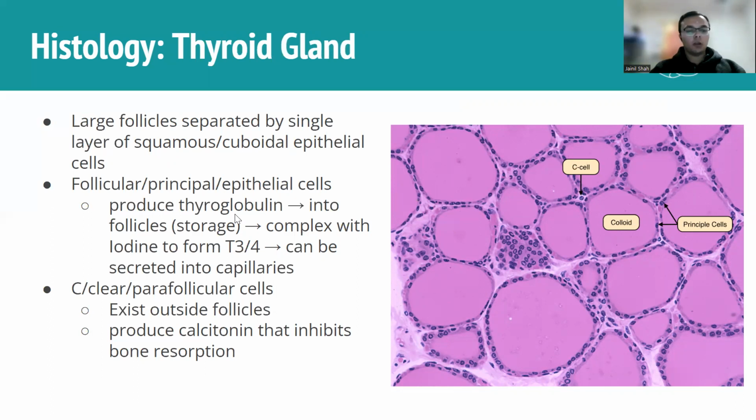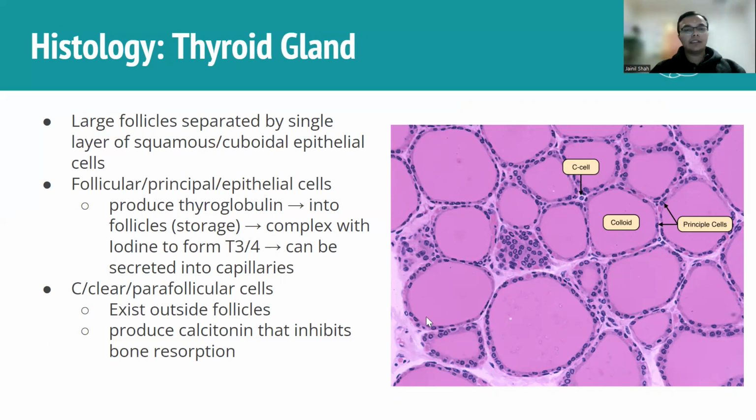So it produces thyroglobulin, then secretes that into the follicles for storage. And then what can happen is iodine, which is in the bloodstream, will be able to enter those epithelial cells, enter into the lumen of these follicles, aka these colloids, and then essentially bind to the tyrosine groups on thyroglobulin and allow it to form T3 and T4.